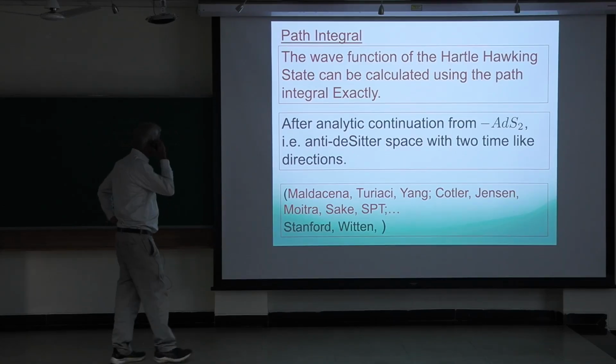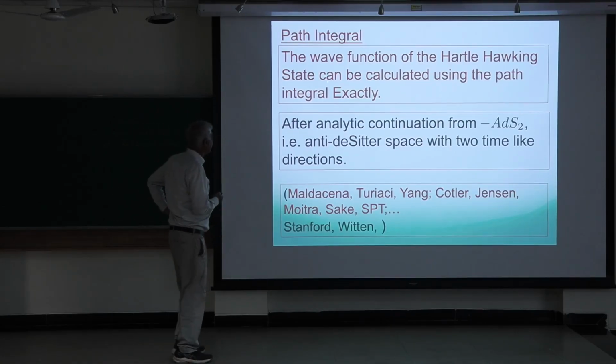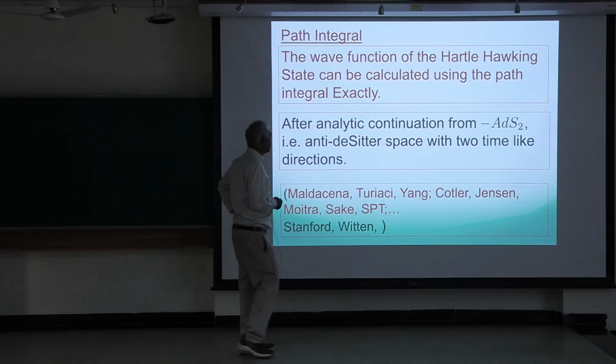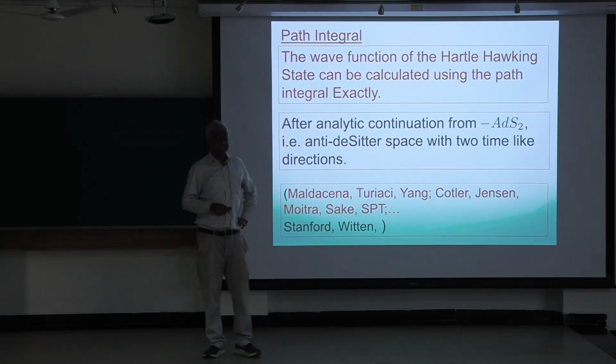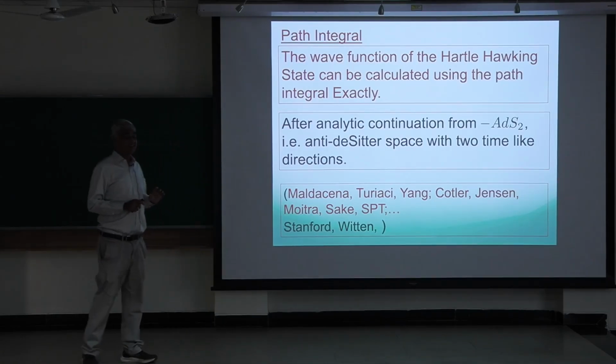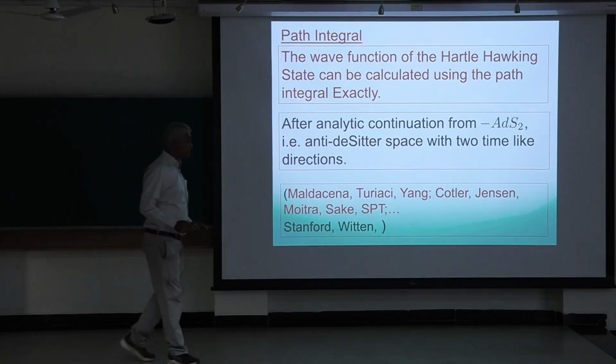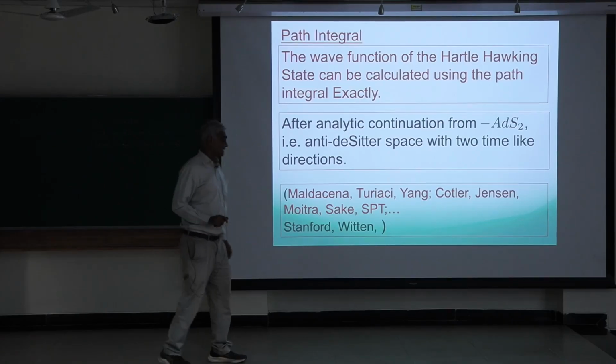Now something that will really help us, and then we'll really get going, is that the wave function of the Hartle-Hawking state can be calculated using the path integral exactly, and this is a real help for us, even when we do canonical quantization, as you'll see.